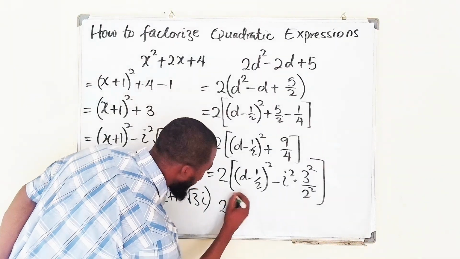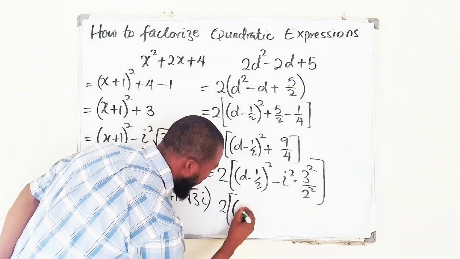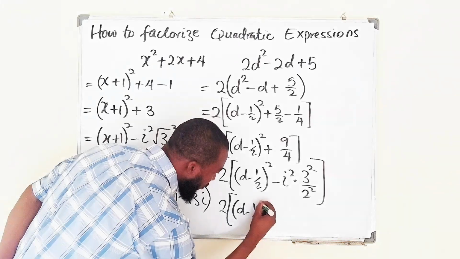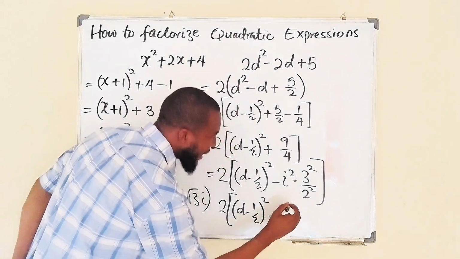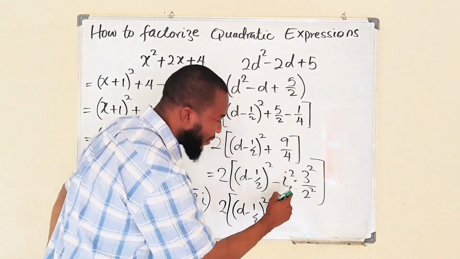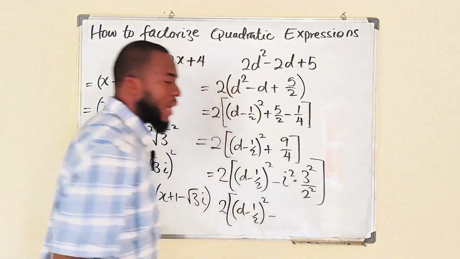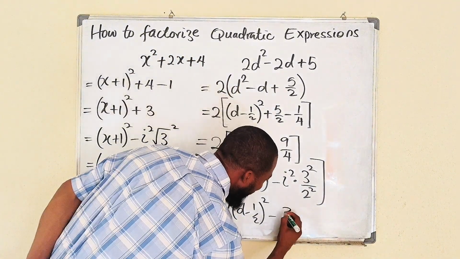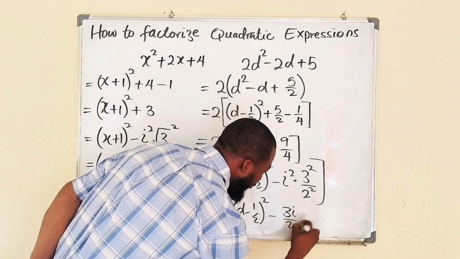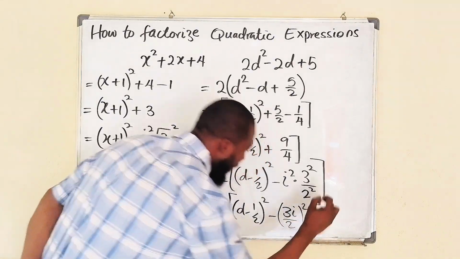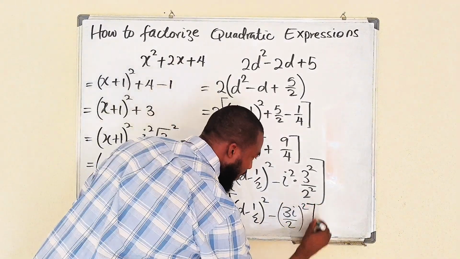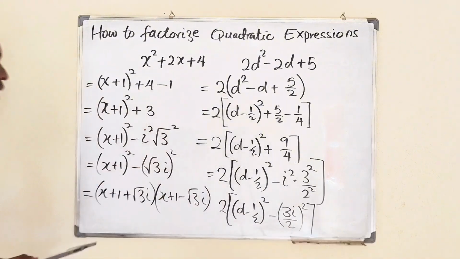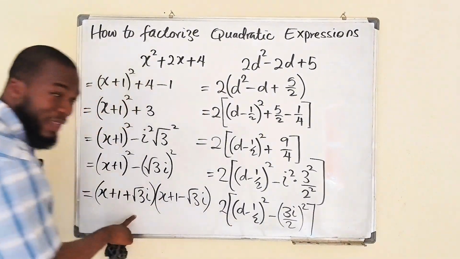This is 2 multiplied by the whole of d minus 1/2 whole squared minus, I'm going to combine the whole of I, 3 and 2 and raise them to the power of 2 because they all have a power of 2. So this is 3I divided by 2 whole squared. Next, we are going to apply difference of 2 squares as we did earlier here.